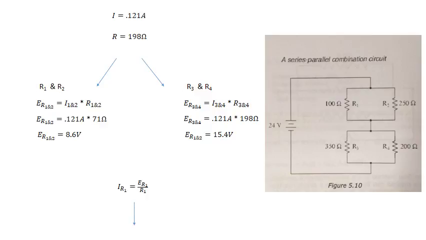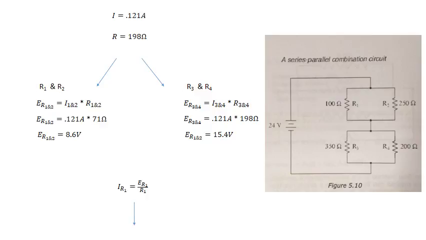We broke the circuit down to two series circuits, R1 and 2 and R3 and 4. We should find the current first because of the rule. We know current will be the same in a series circuit: 0.121 amps in R1 and 2 and 0.121 amps in R3 and 4.